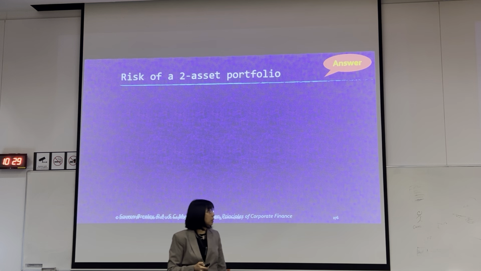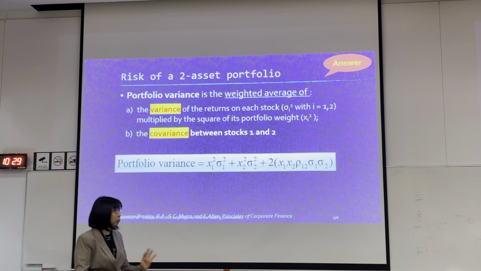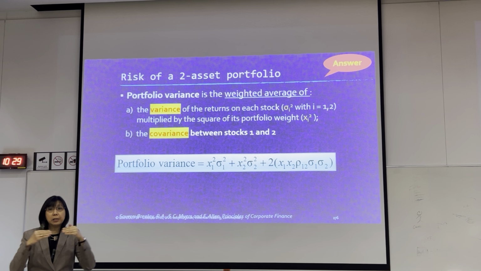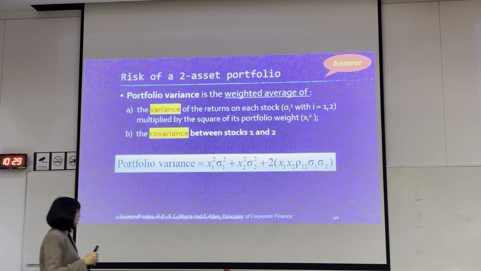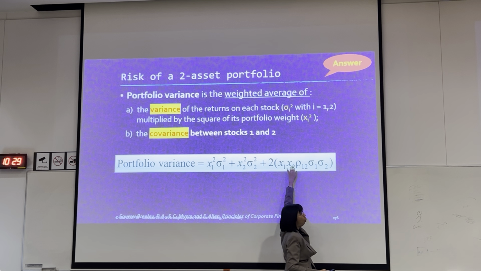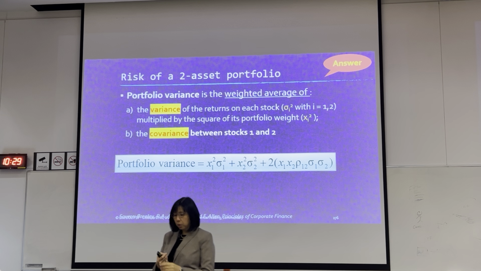And so basically, it's a weighted average of the variances of each stock and the covariance between these two. This whole part is the covariance. So this is the correlation, this is the standard deviation of stock 1, and this is the standard deviation of stock 2.